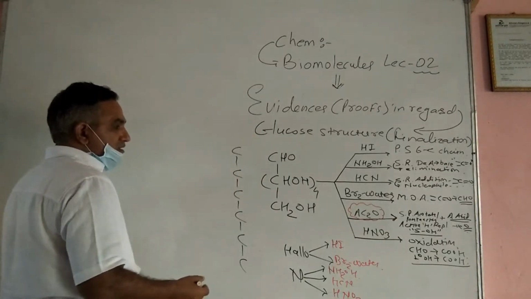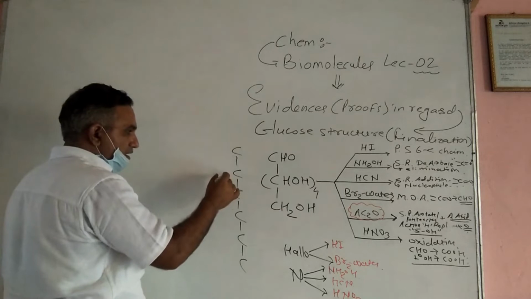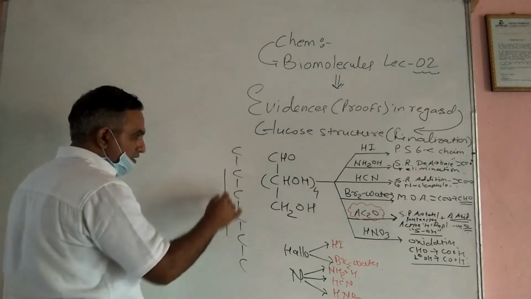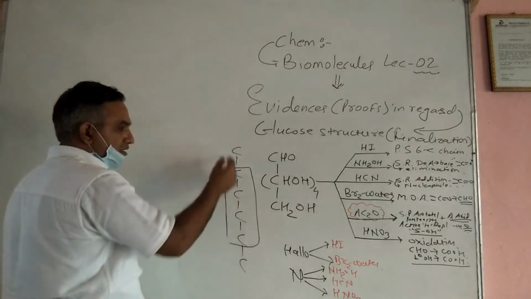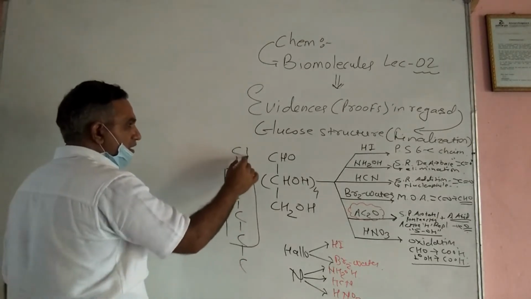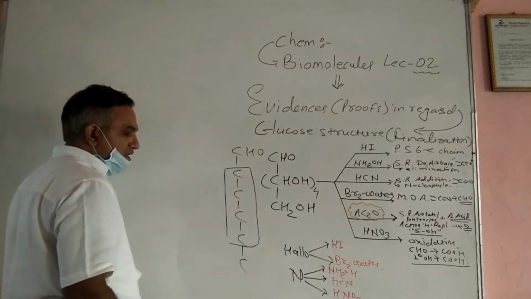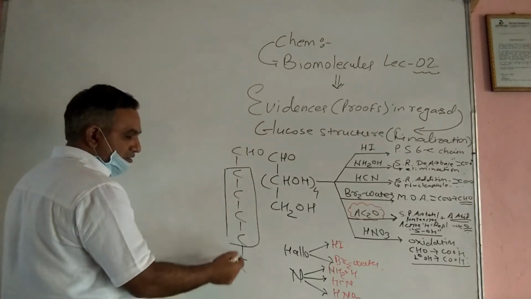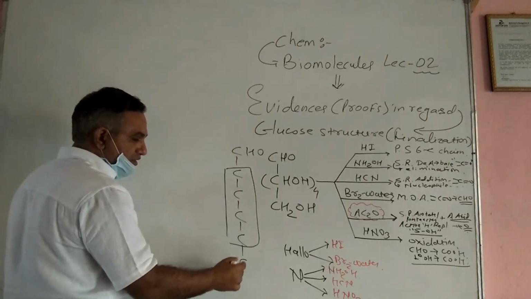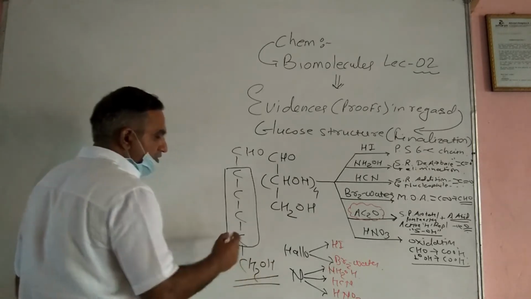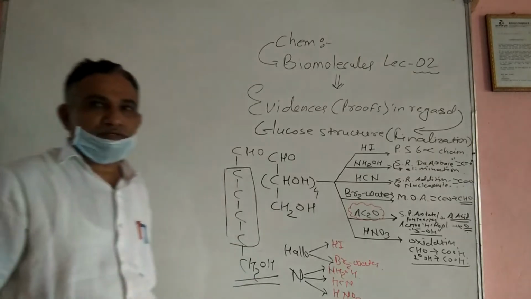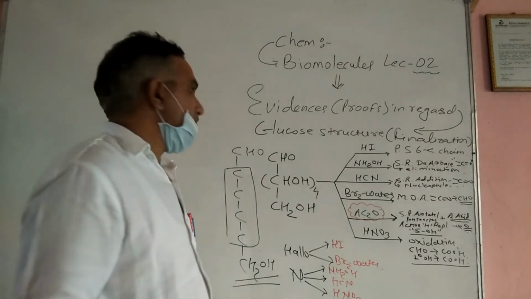Then glucose has 4 chiral centers, and at one terminus it has the aldehyde group. Then at the other terminus it exhibits the presence of a primary alcohol. So these are the predicted structural aspects.